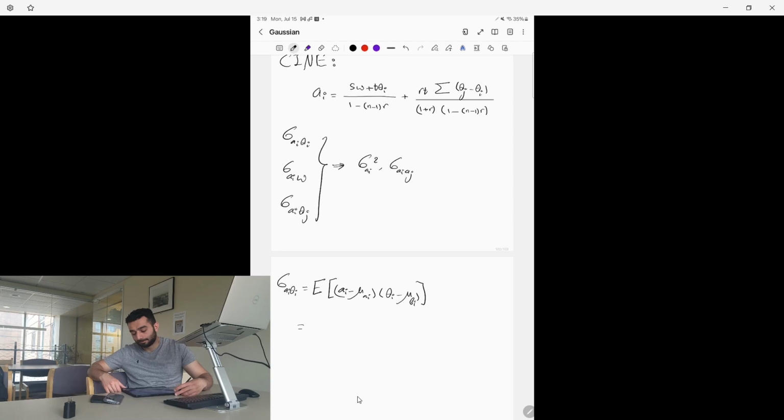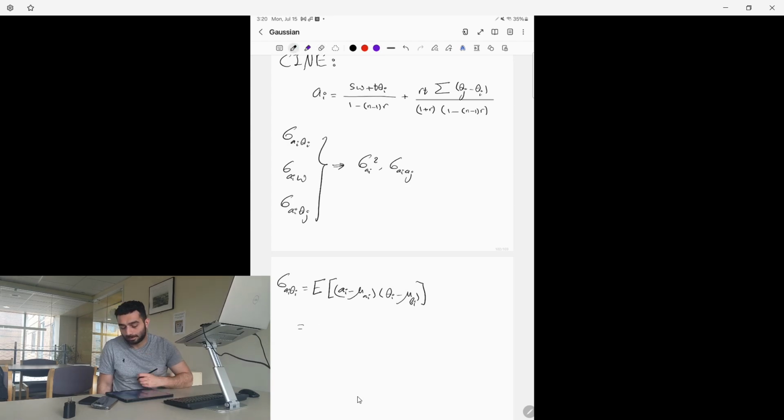Perfect, exactly. S over 1 minus n minus 1 r sigma. Okay, omega and theta I are independent, so 0. First term 0.